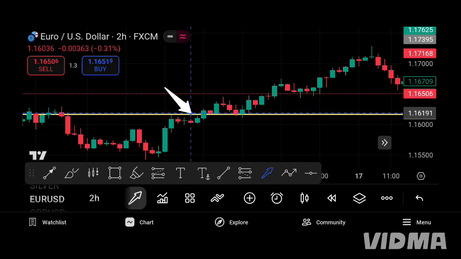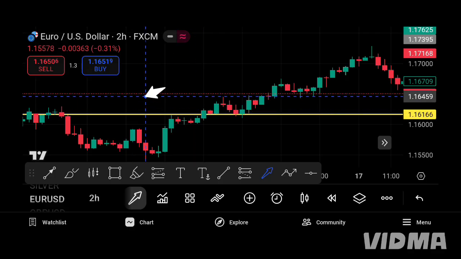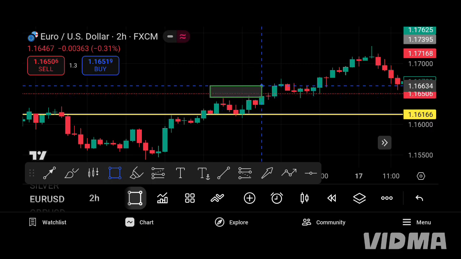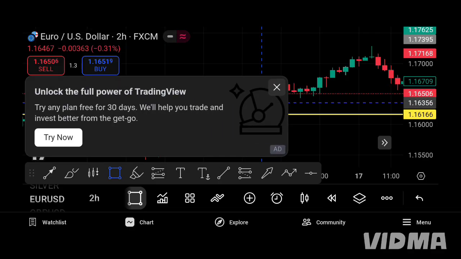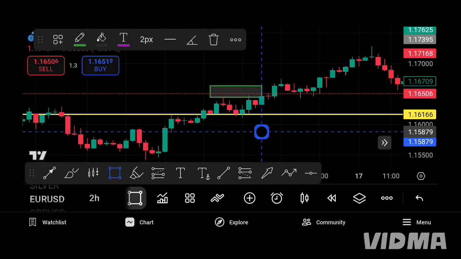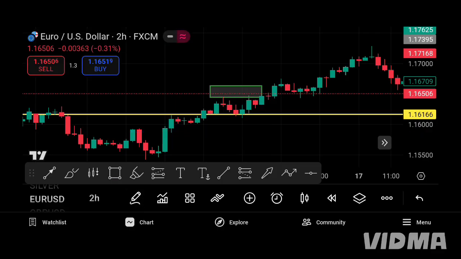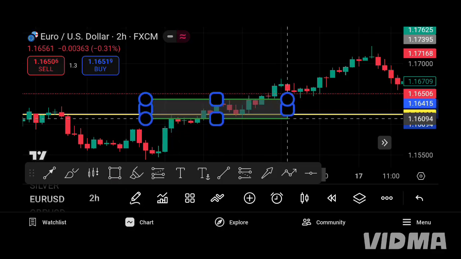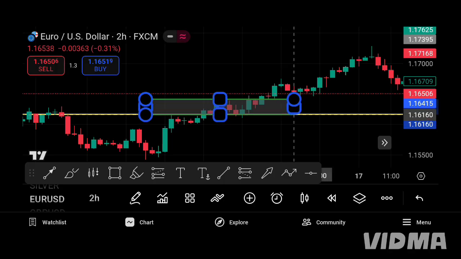So this is where we are going to mark. We're going to bring our box here. Let me first move this yellow line here. So we are going to mark our box. We are going to mark the body.